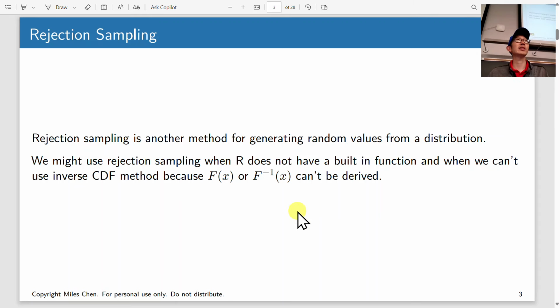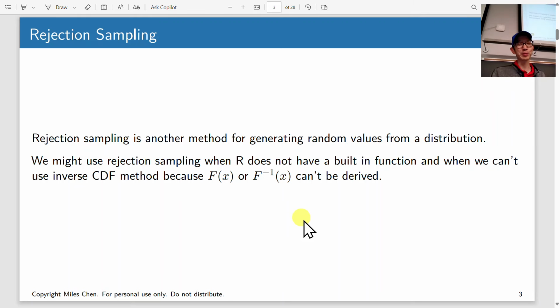Famously, the normal distribution doesn't have a closed form solution for the CDF, and therefore we also won't have a closed form solution for the inverse of the CDF. Our computers work around this and just use an approximation that's accurate up to 16 decimal places, and we say that's good enough.